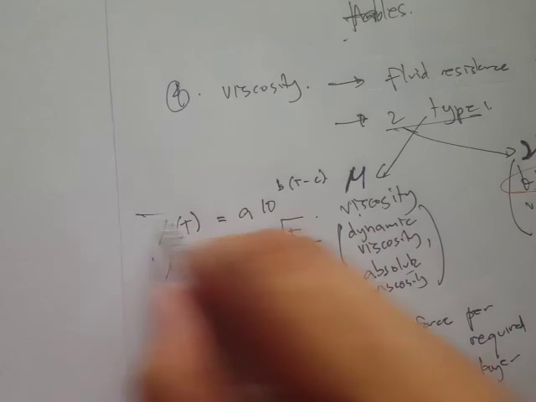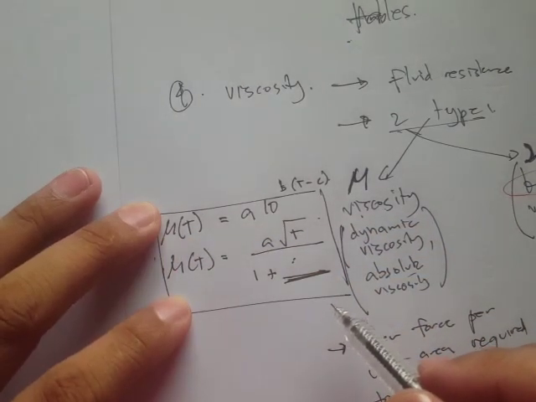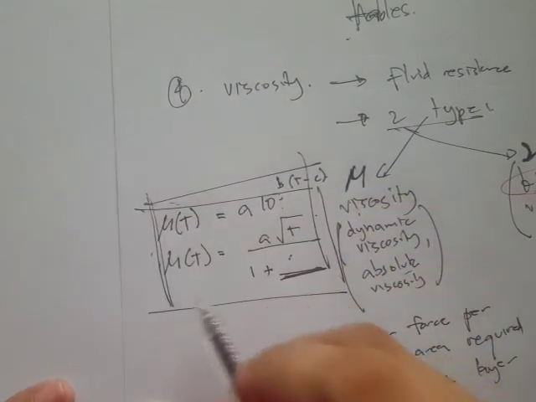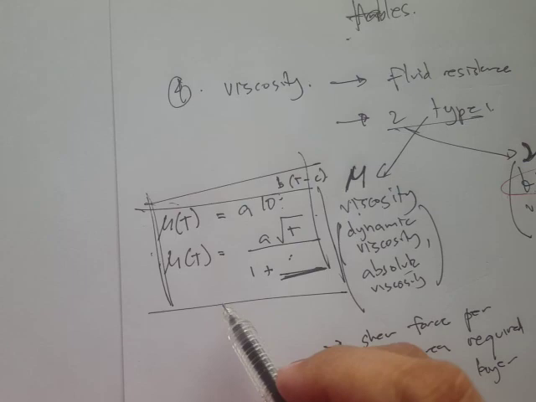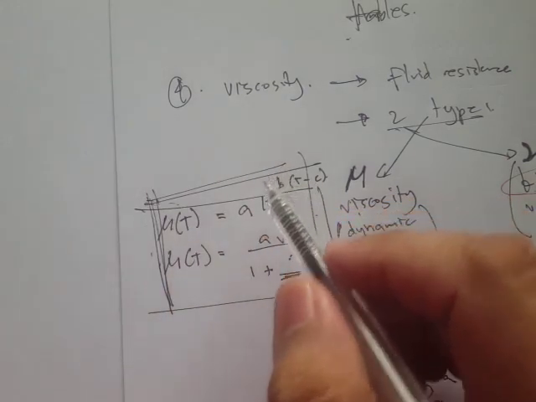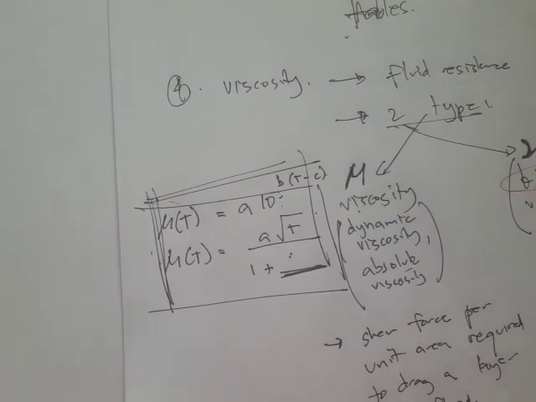Okay, so the point here is that there's an equation for this viscosity as a function of temperature, right? So these are correlations. When I say correlations, they are equations derived or obtained from research studies.